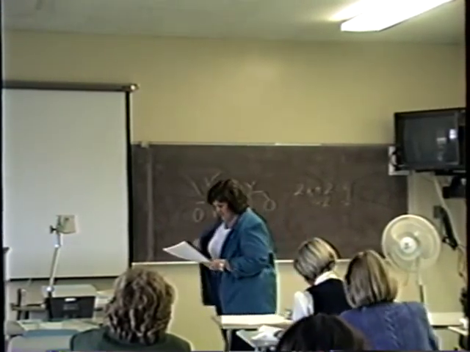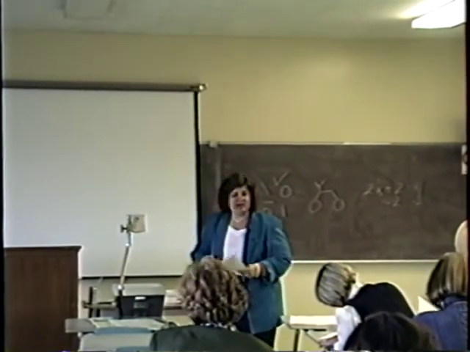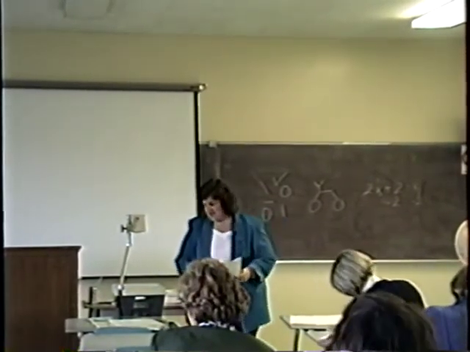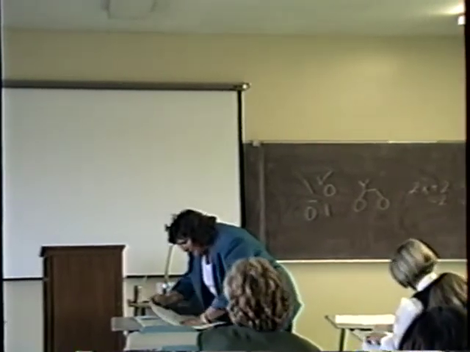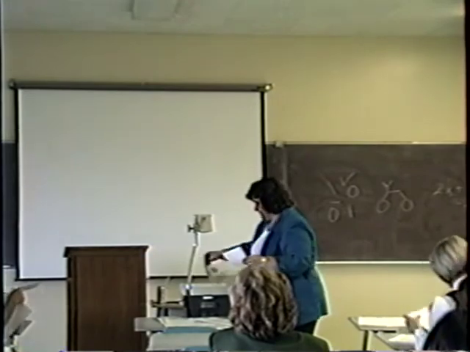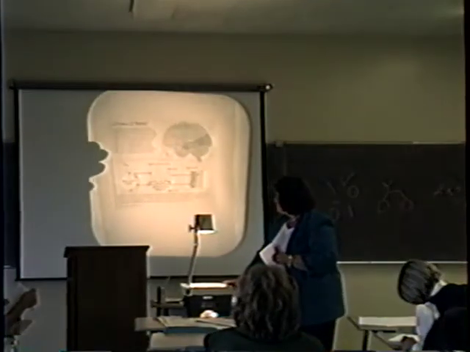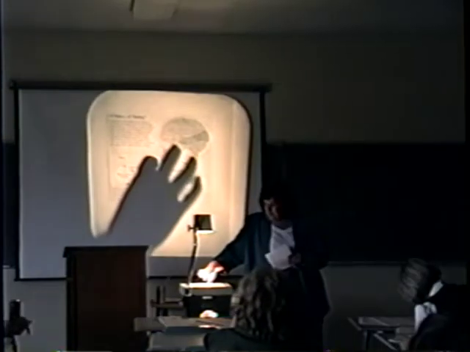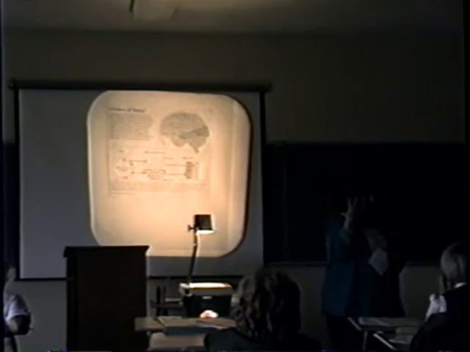Dyscalculia is a difficulty with math. Sequencing, orientation in space, all those kinds of things. I'll just quickly show you this picture of this brain. They finally figured out that there is a neurological base to this difficulty. And it has to do with this area of the brain as information comes in through the visual pathway.